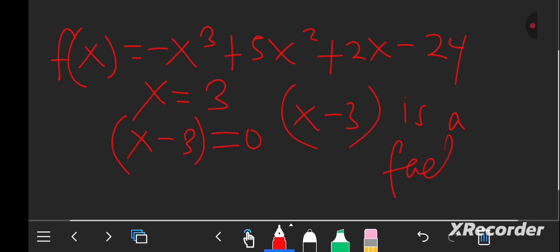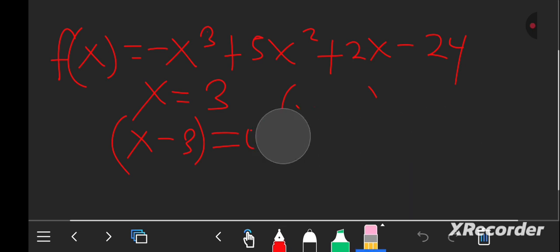So once you determine what the factor is, you can now use either the remainder or long division method, or you can use maybe the synthetic method in order to find the other expression which will help you factorize this expression.